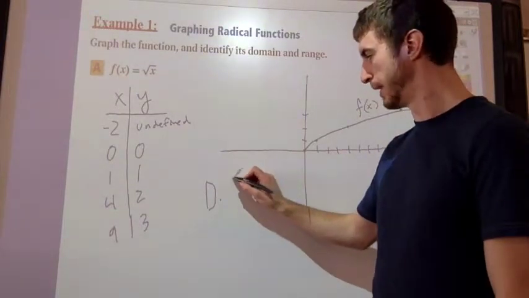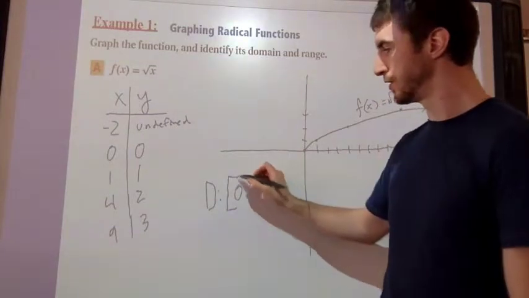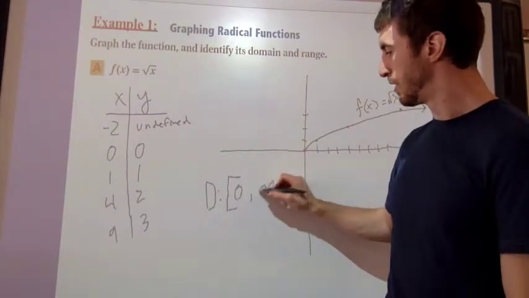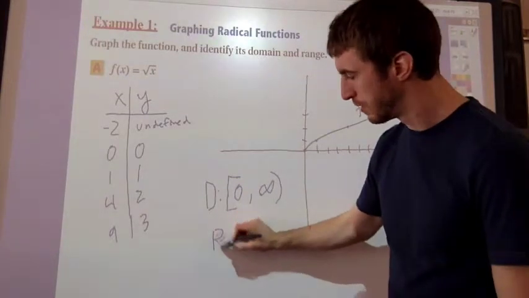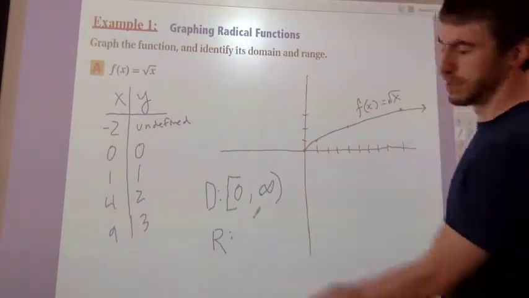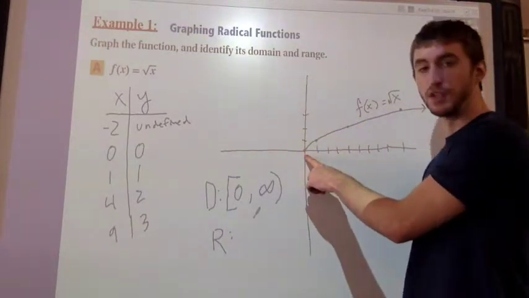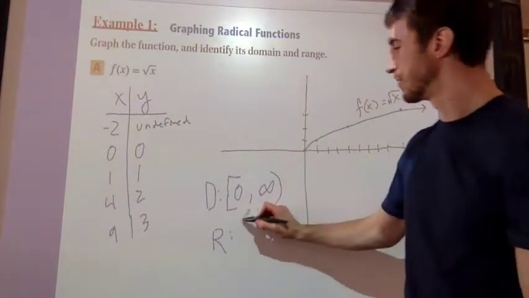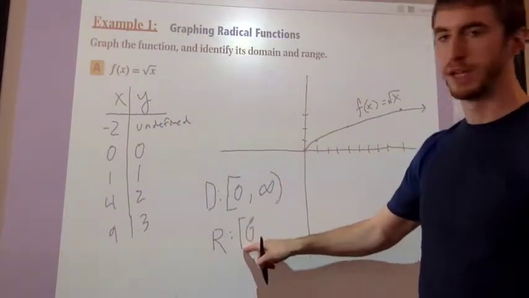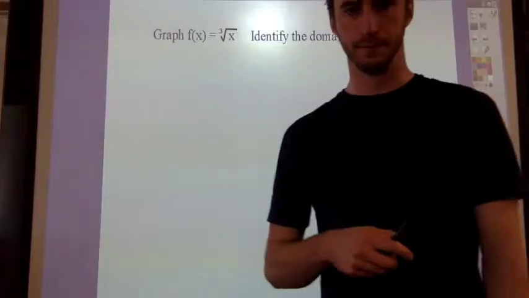So the domain is going to be 0, and we include 0, so we're going to use brackets, to positive infinity. The range is all my y values. So where does it start? Also at 0. It doesn't go down to negative infinity. So it also starts at 0, also inclusive, up to positive infinity.